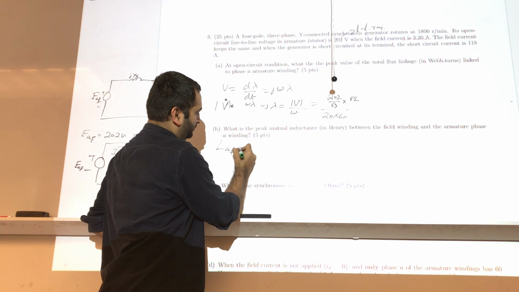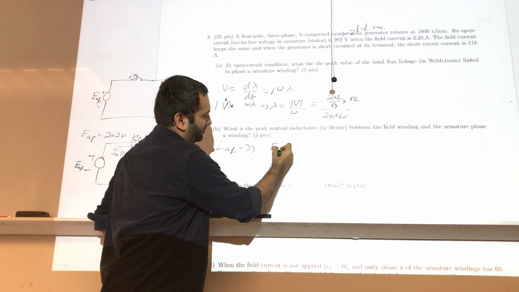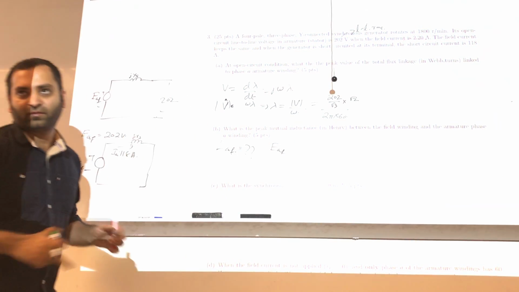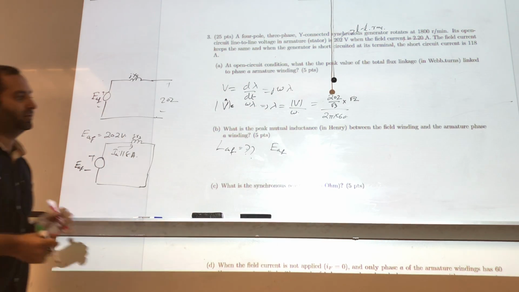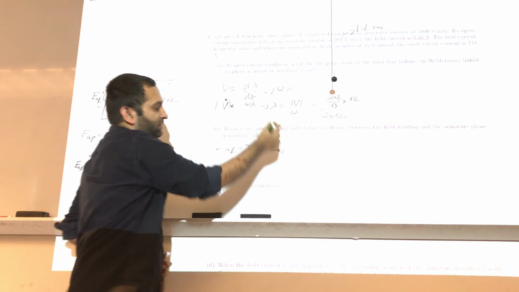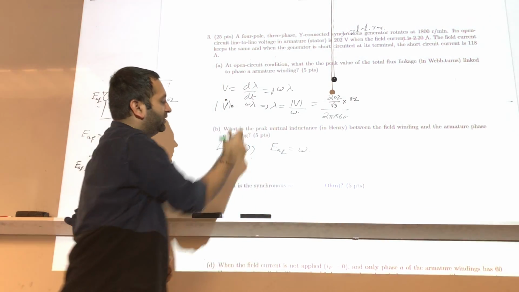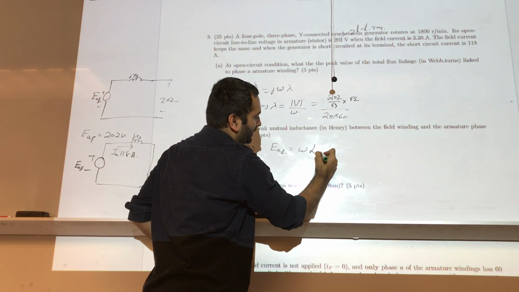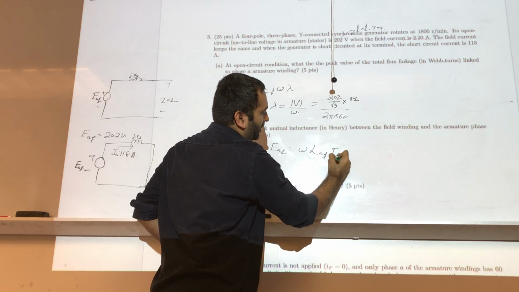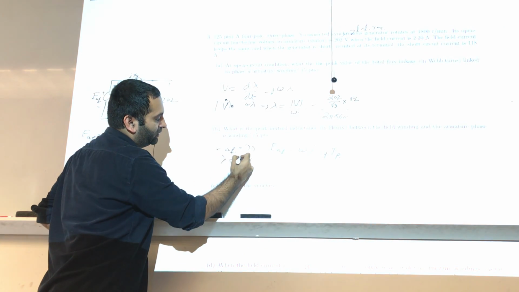So, what is EAF in terms of LF? We just wrote it here. It is omega times lambda, right? So we can write it as omega times lambda. We can write it as LAF IF, because we know flux linkage is nothing but Li.